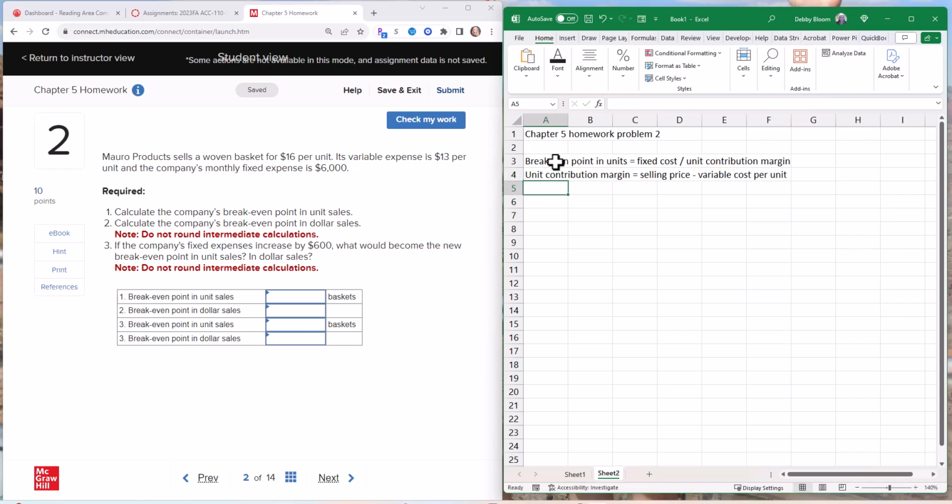So if Marlowe Products sells a woven basket for $16 per unit and its variable expense is $13 per unit, its unit contribution margin is 16 minus 13, which of course is 3.